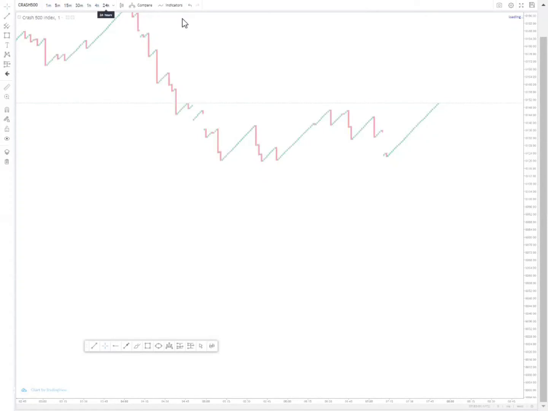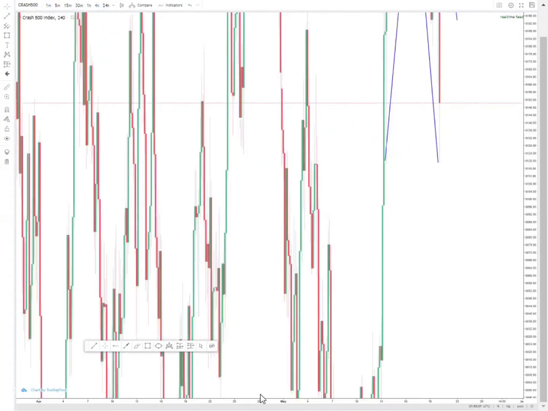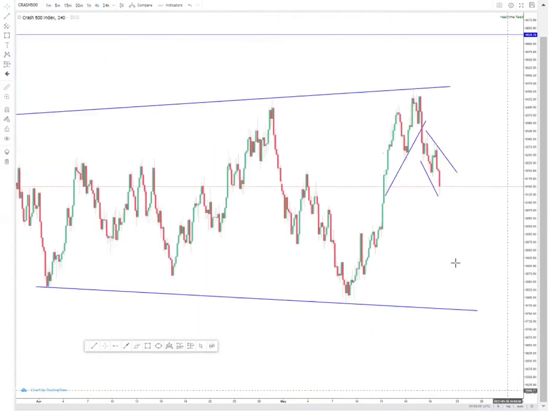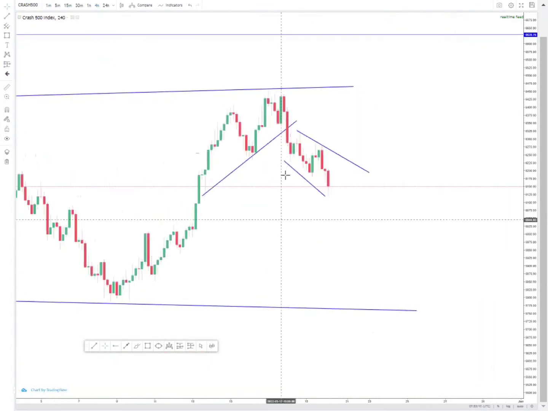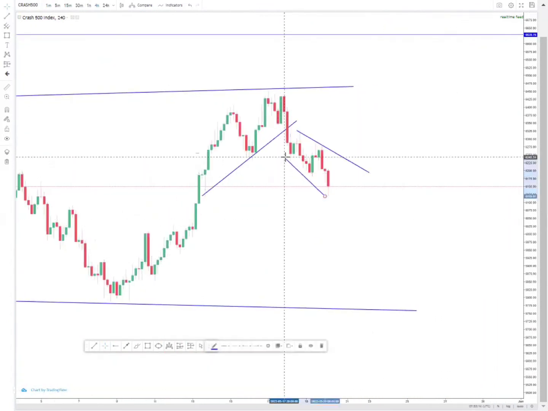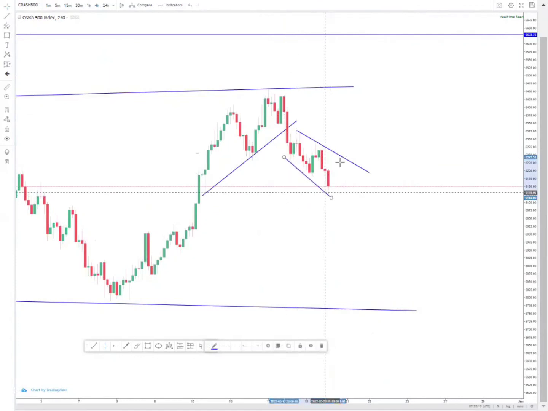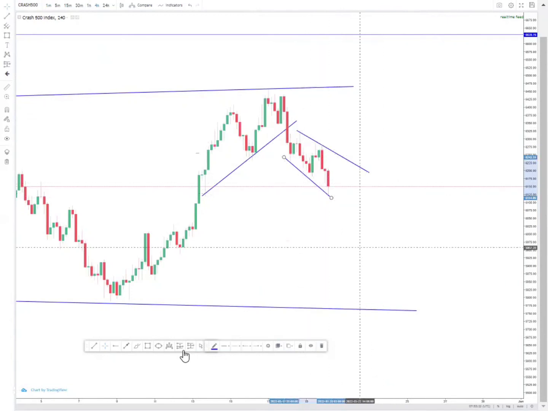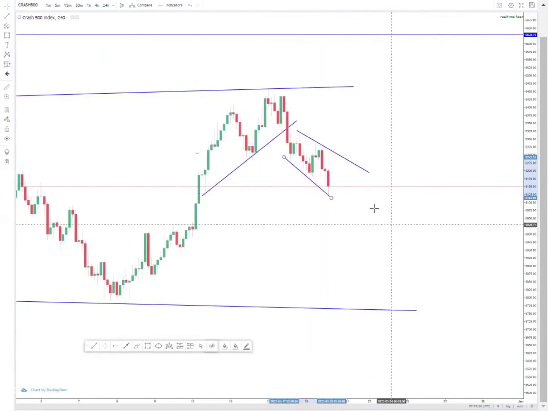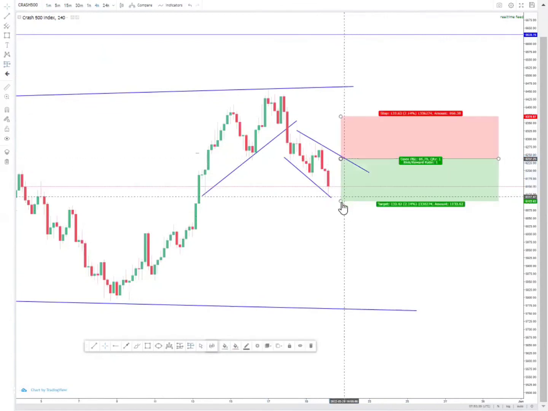Let's go back to 4 hour time frame. If the market comes back here, it means we'll be having one touch, two touch, and then we'll be looking to capitalize to the downside.